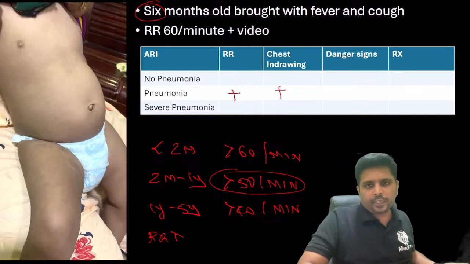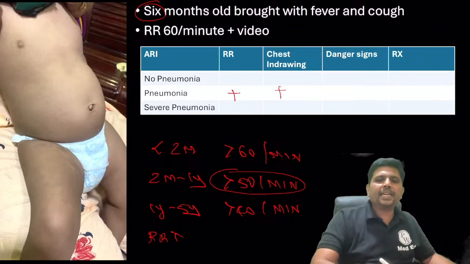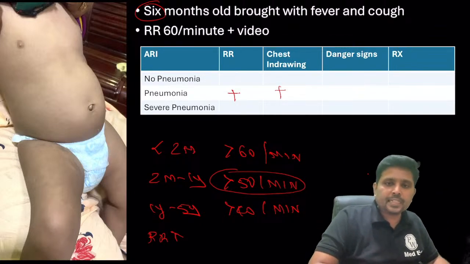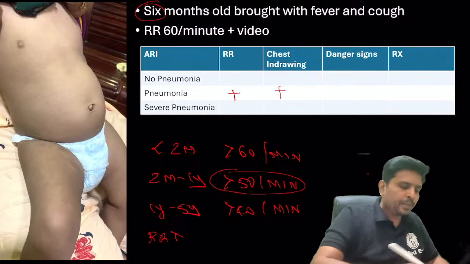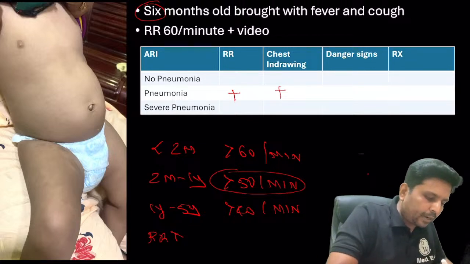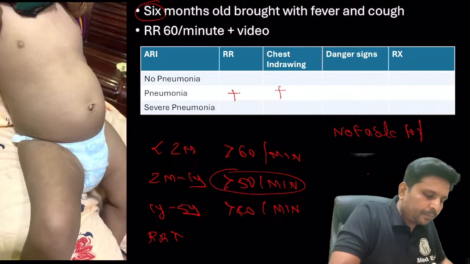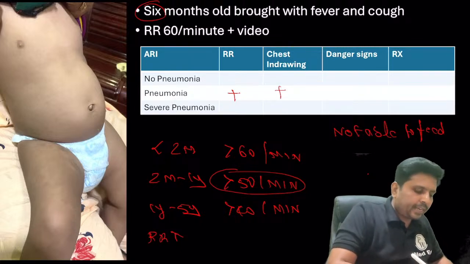Then what are all the things that we need to ask? Is there any danger sign? The danger signs are: not able to feed, vomiting everything.